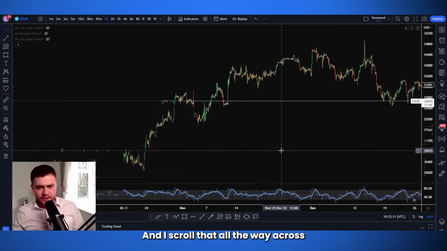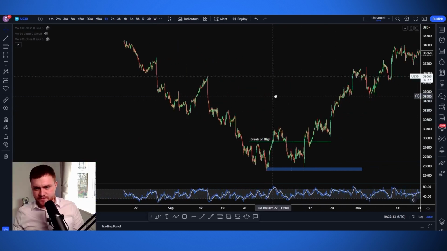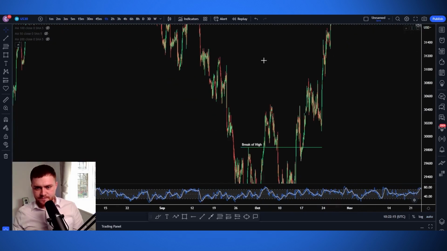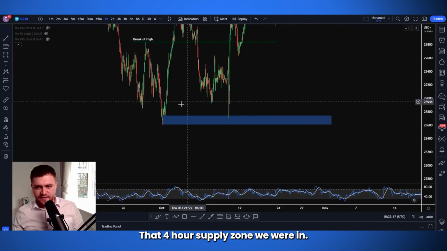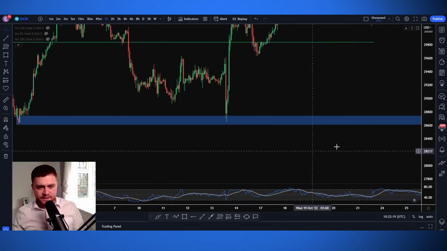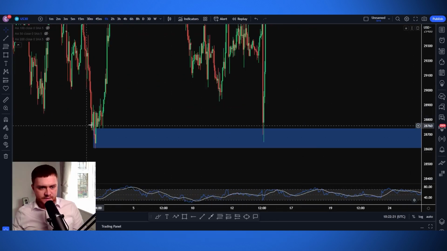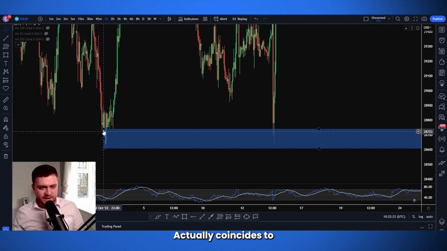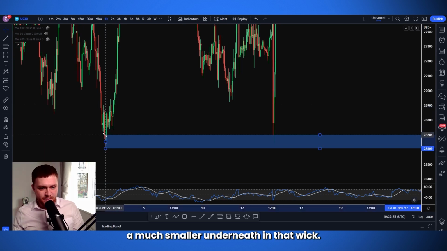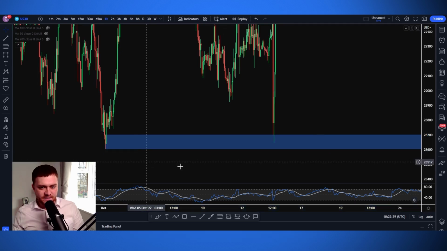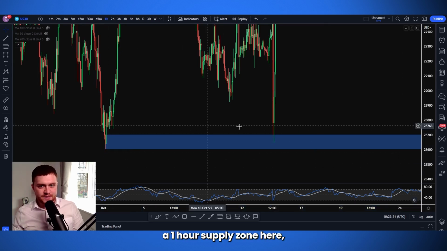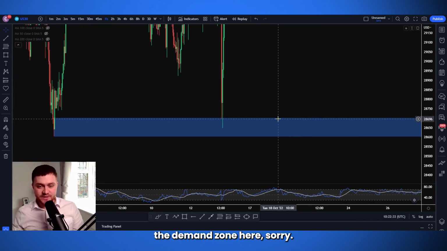and I scroll that all the way across to where we just were, okay, that 4 hour supply zone we were in actually coincides to a much smaller underneath in that wick trick, a 1 hour demand zone here, sorry.